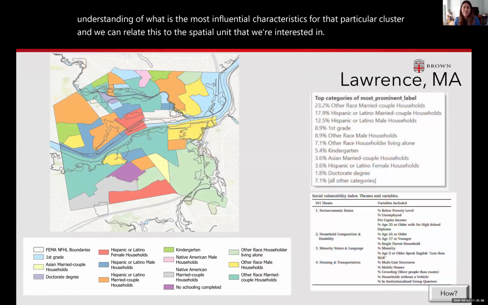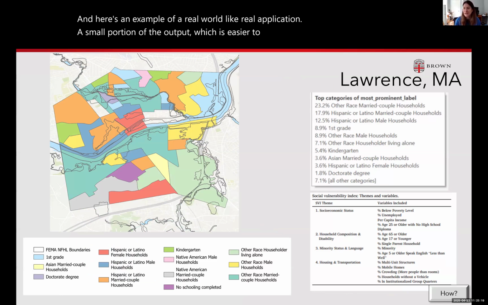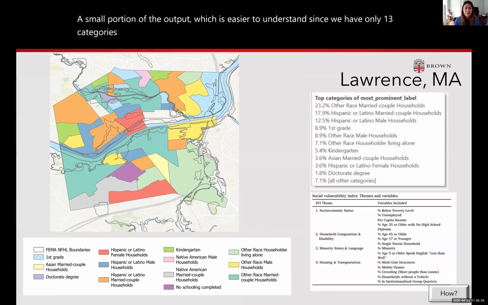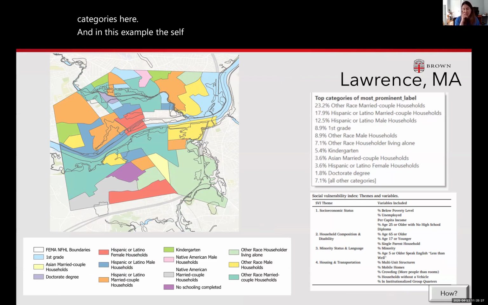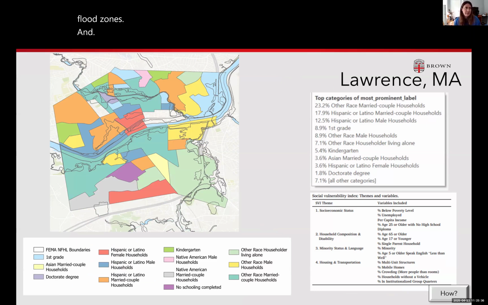And here's an example of a real world application, a small portion of the output, which is easier to understand since we have only 13 categories here. In this example, the self-organizing map is applied on demographic factors, on flood zones, and on the social vulnerability index that has been used by the CDC.